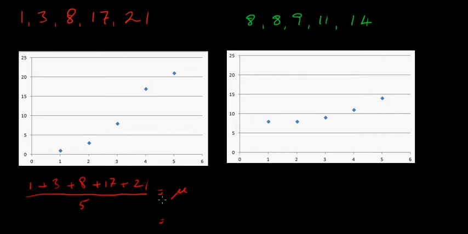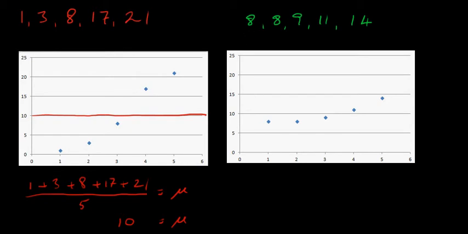So when you do that, you'll find that you'll get, let's see, 3 and 1 is 4, 12, 29, 50 over 5, so that's just going to be 10. Okay, so we have a mean here of 10. So this is our mean along here, if you like.